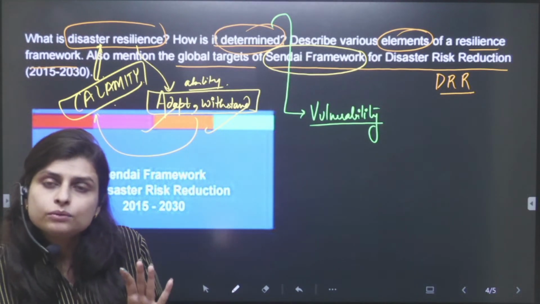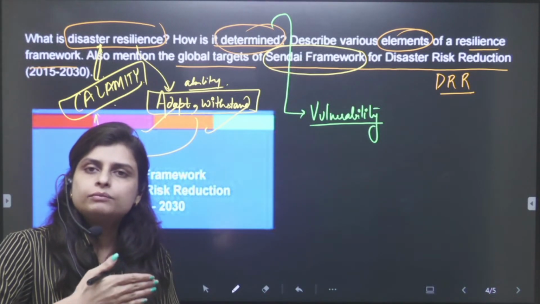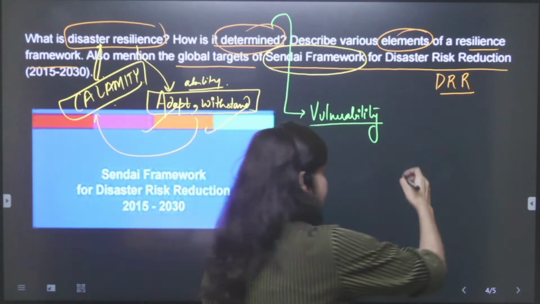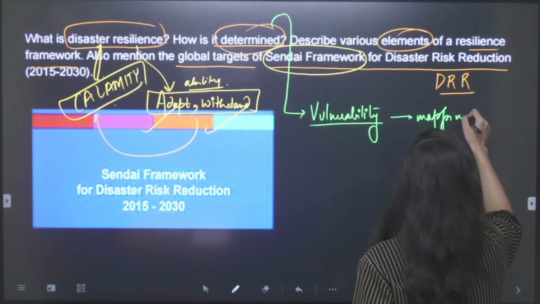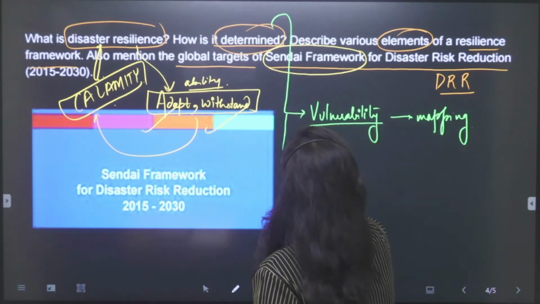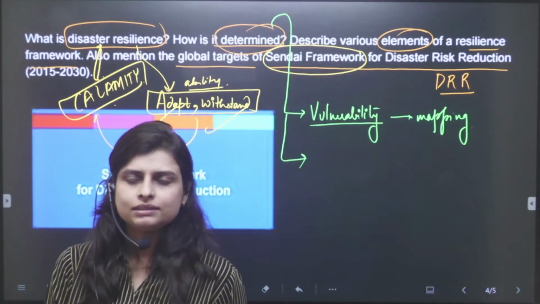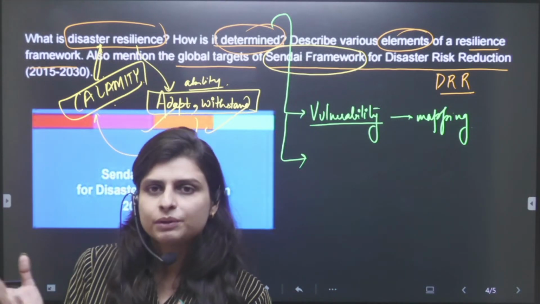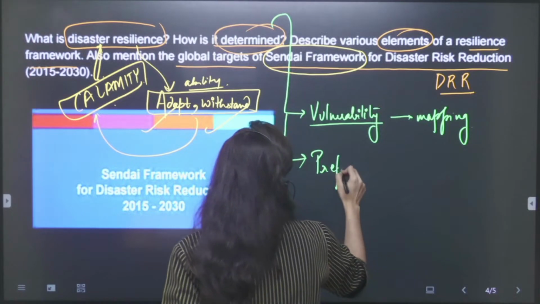Now once we know that we have got the vulnerability regions, we have this mapping system done, the next thing is, are we prepared for those disasters? For example, if we know that flood is going to take place, are we prepared for this or not? So next is your preparedness.